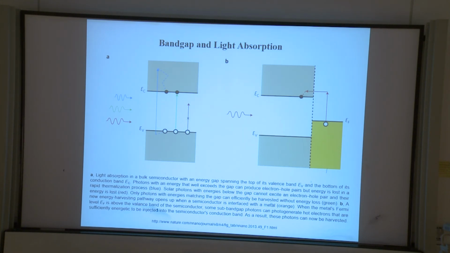So the electron will not stay. It will come back to the valence band without being excited. So the photon with small energy will not be absorbed by this semiconductor. It will pass through the semiconductor without any interaction.